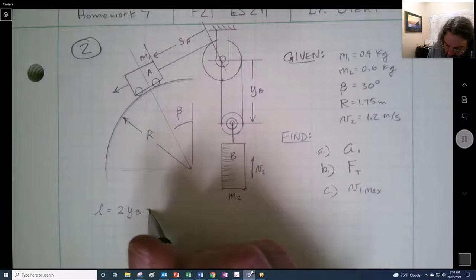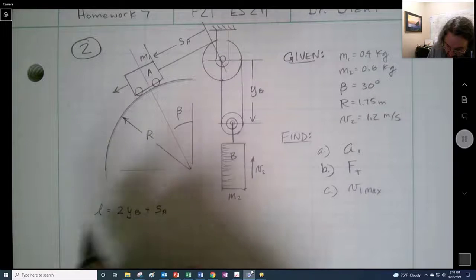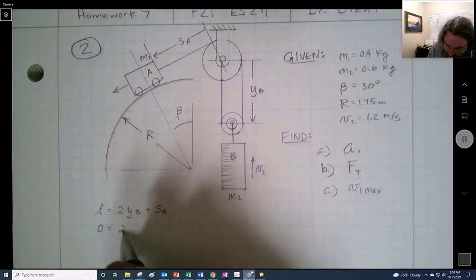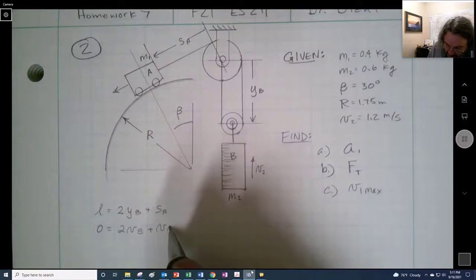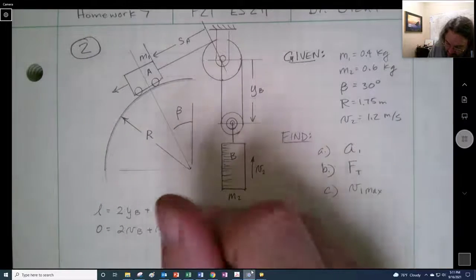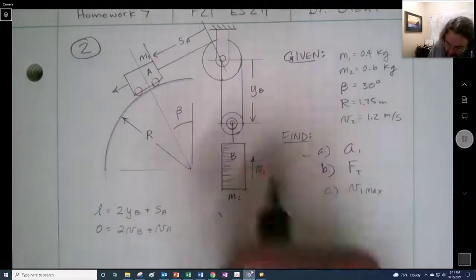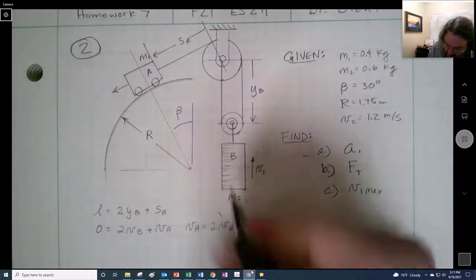So we write out the length of the cable, and we note that we're going to have 2YB plus SA, and so we take the derivative, and we have 2VB plus VA. Therefore, let's say VA is equal to 2 times VB.